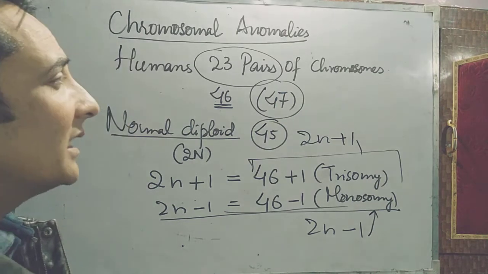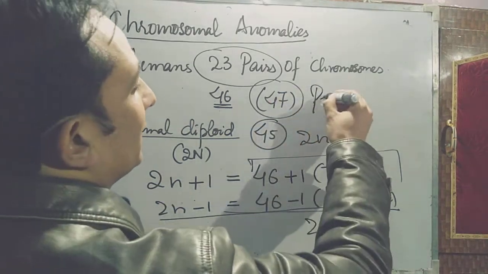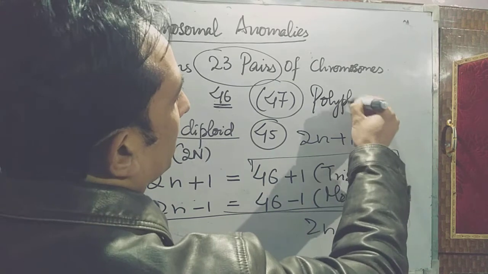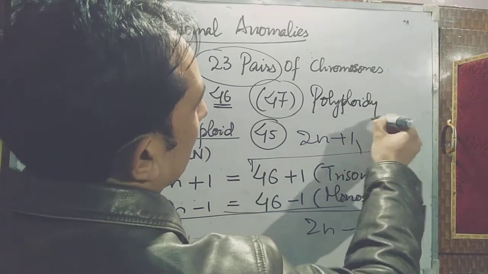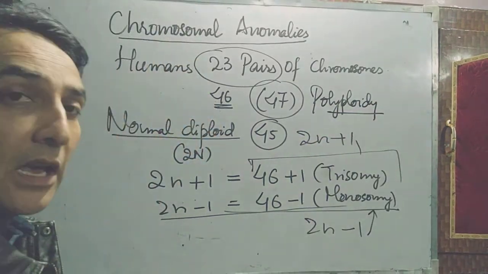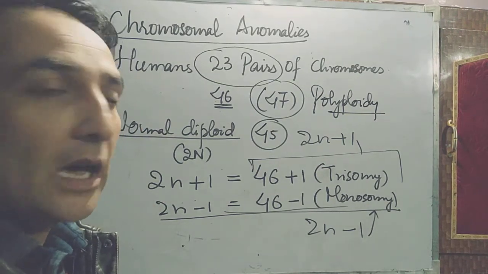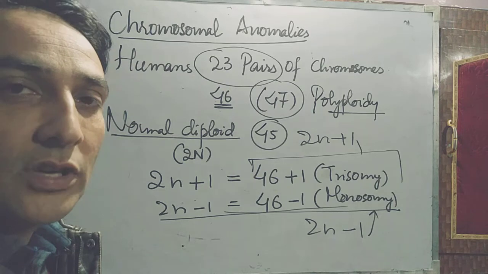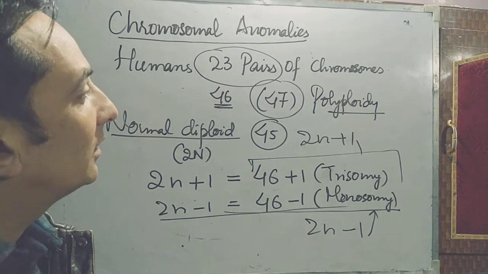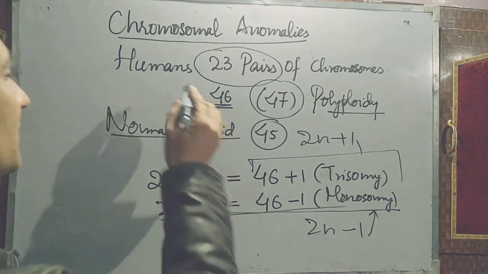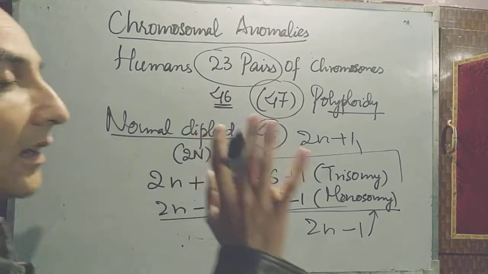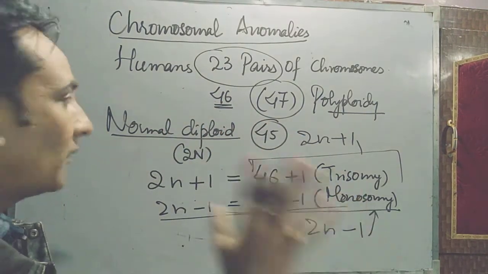Then sometimes there's a condition which we call as the polyploidy. Now, what is the case of polyploidy? When you study the mitosis or meiosis in general, when you study the cell division, you see prophase, metaphase, anaphase, followed by telophase.